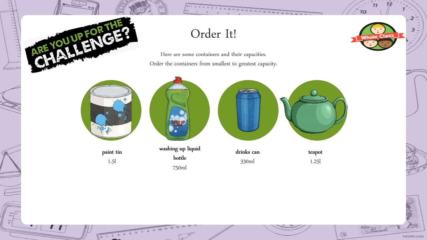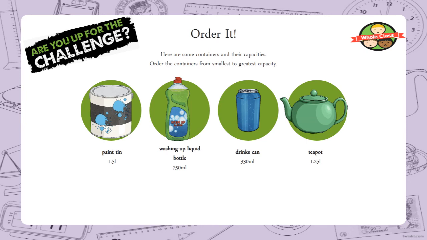Can you remind me 1 liter equals how many milliliters? Excellent, equal 1000 milliliter. So now if I ask you 750 milliliter, is this smaller than liter or greater than liter? Good, it's smaller than liter.